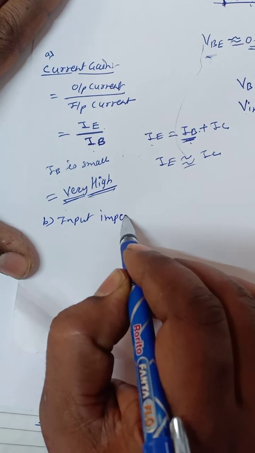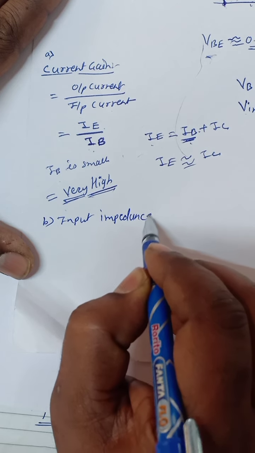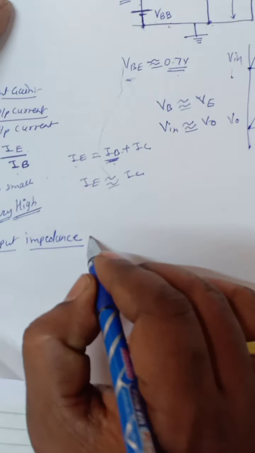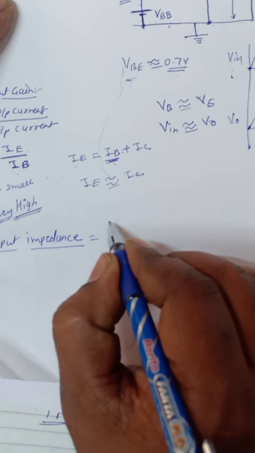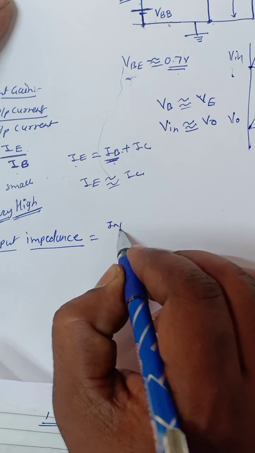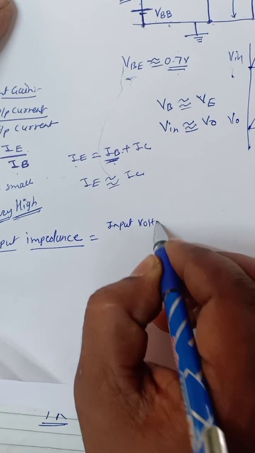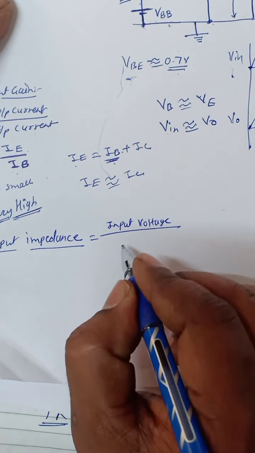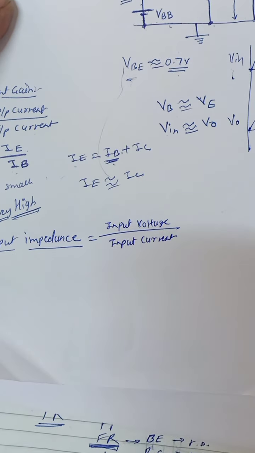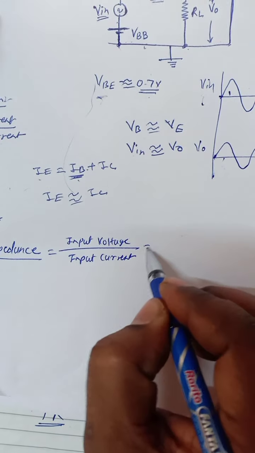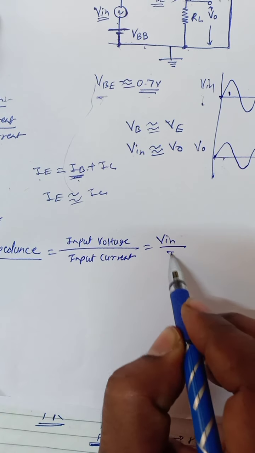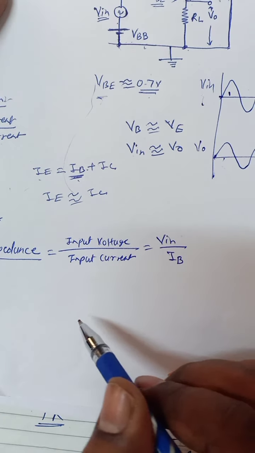Okay, so the next parameter is input impedance. Input impedance is nothing but a resistance, an opposition: input voltage divided by input current. Input voltage is Vin and input current is IB.